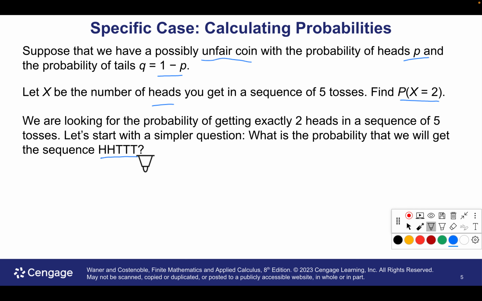So let's see how we would calculate this particular one, and then let's use our counting stuff to figure out how many times we'd have this sort of thing happening, but possibly in a different order. Because if we got heads first and then 3 tails and then a heads, that's still 2 heads, but the order is different. So we're going to use combinations with these. So what's the probability of getting a heads?